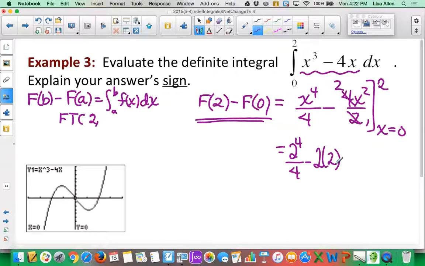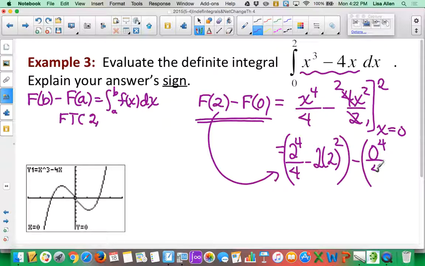So we plug in 2 times 2 squared. I'm going to put parentheses around that part. And then we subtract, because this part is F of 2. Now I'm going to do F of 0. Trivially, it is 2 times 0 squared, just plugging in the values.